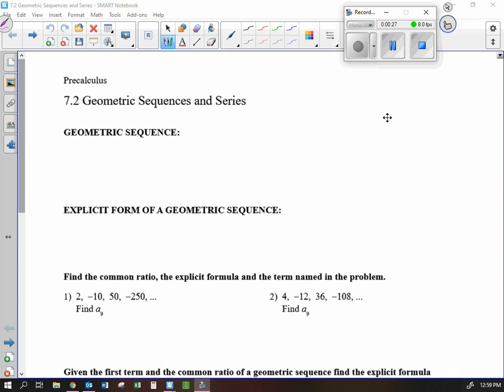Let's start by writing the definition for this geometric sequence. It's going to be similar to arithmetic, but a little bit different. It's a set of numbers where you multiply, so I'm going to write it as a multiplication x, or divide, so multiply or divide by a constant to get the next term.